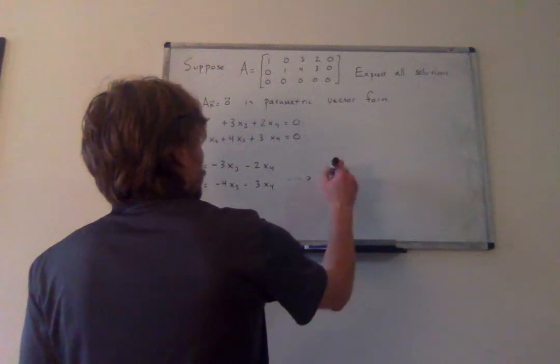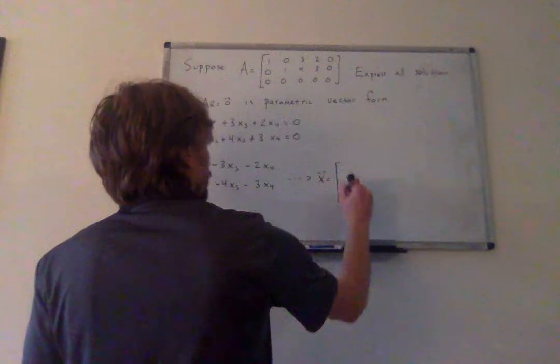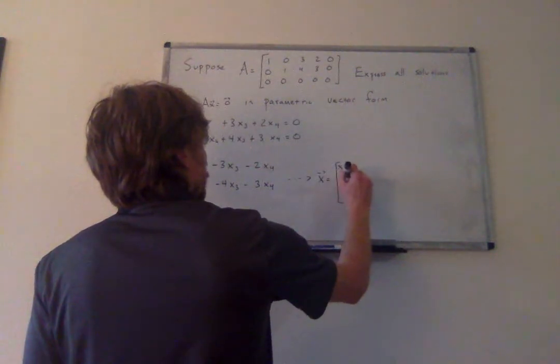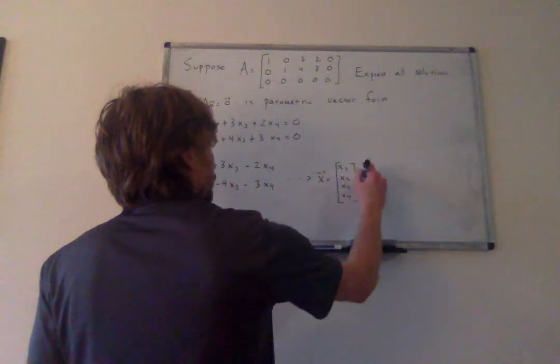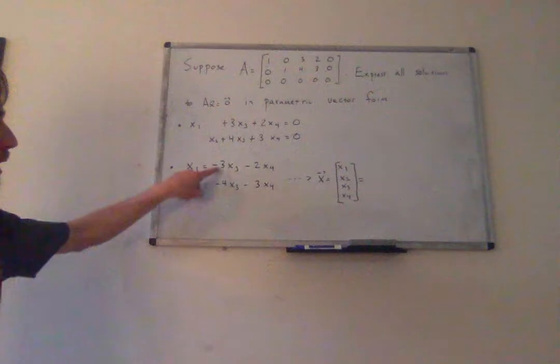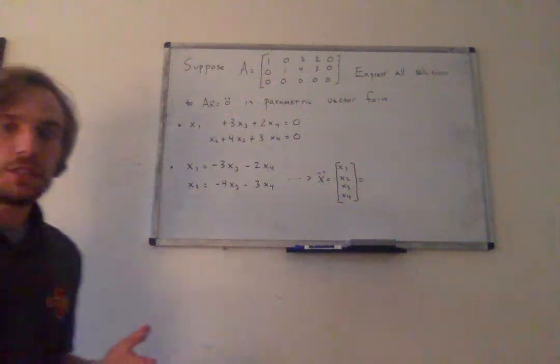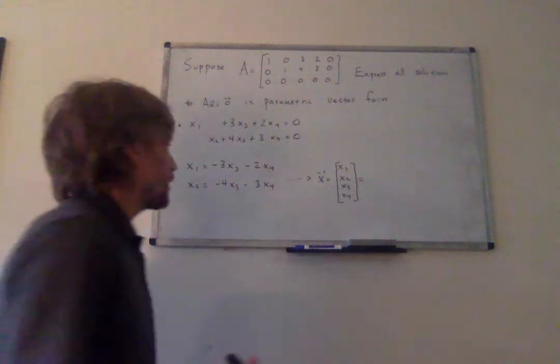So to express my solution in parametric vector form, what I'm going to do is have one vector for each free variable. And that vector is going to represent the correct coefficients assigned to all of my variables corresponding to the free variable I chose.